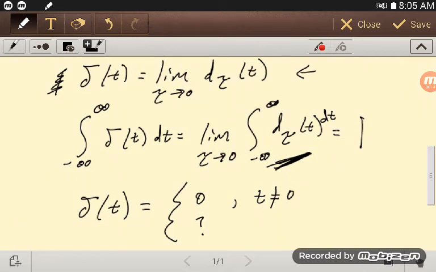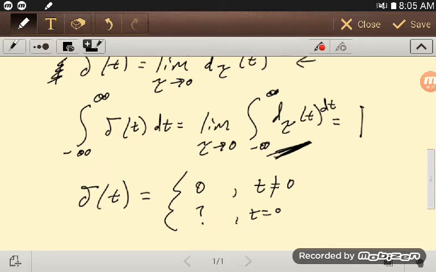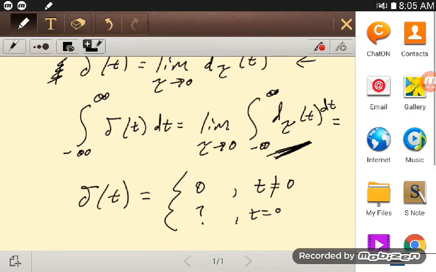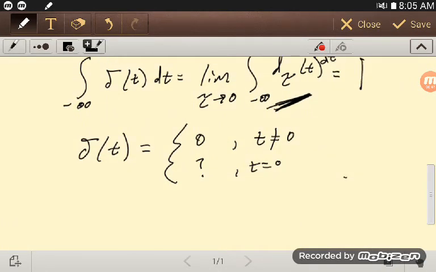Because if you look at the original function d tau of t, as tau gets really close to 0, its height heads off to infinity. So what's its height at t equals 0? I don't know. You could call it infinity. In a lot of ways, it doesn't really matter. It's the fact that we have this function with this nice property.